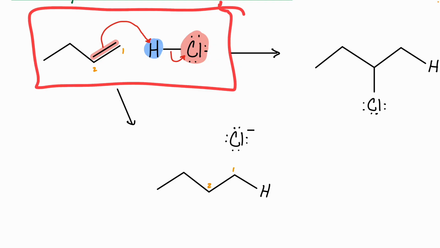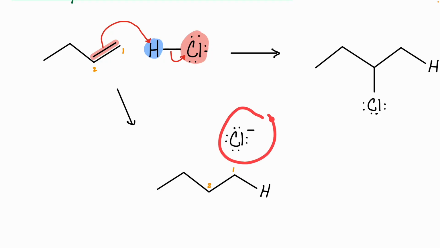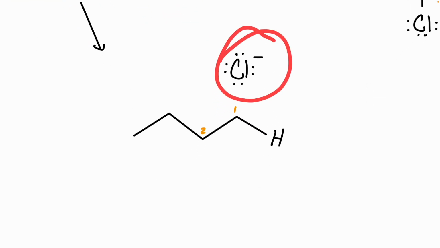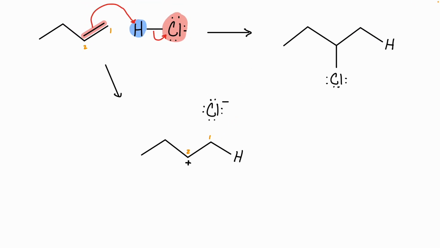Everything up here is neutral. Everything in this second step better be neutral as well. So if I have a negatively charged chloride ion that forms, I'm also going to have to form a positively charged carbocation. Then finish the mechanism here. Put in your missing electron pushing arrows at this second step.